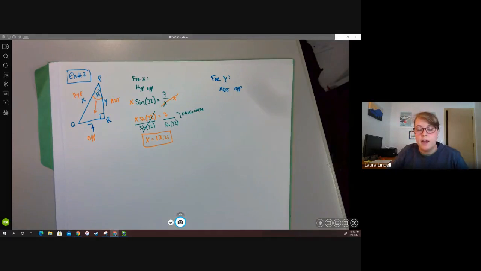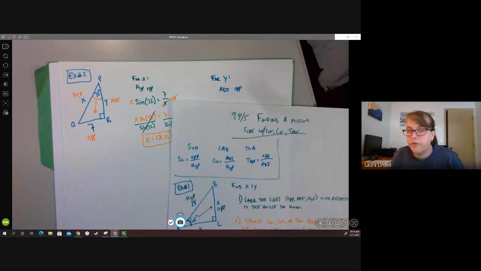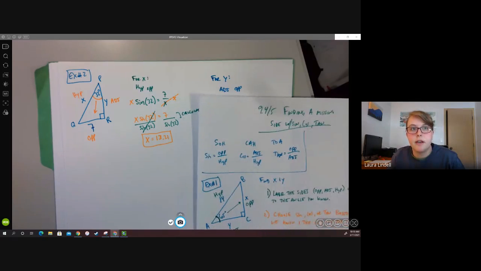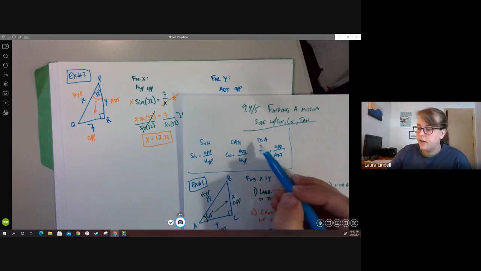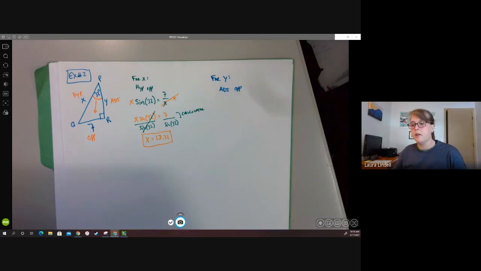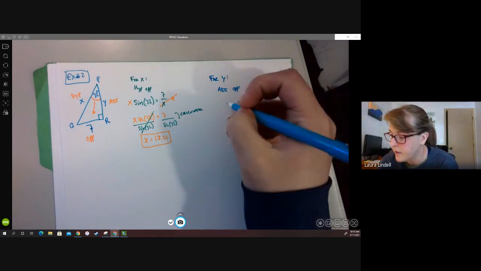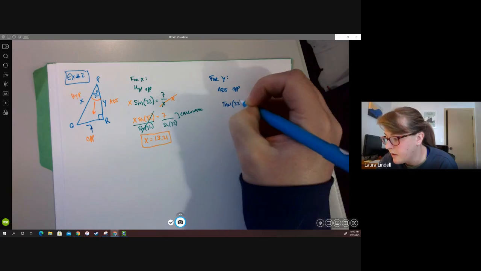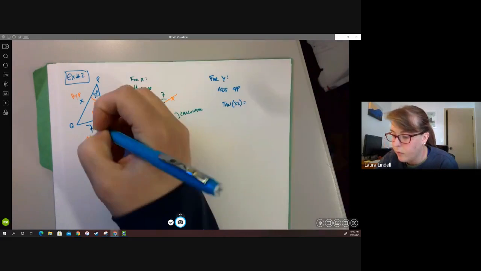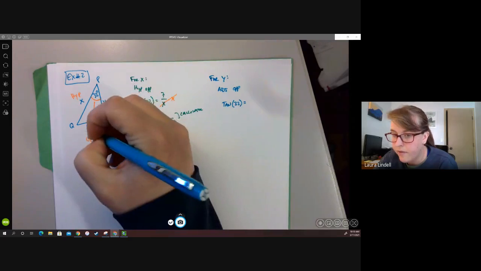So looking at our three trig functions, sine, cosine, and tangent, which one uses adjacent and opposite? Tangent, exactly. TOA, tangent is opposite over adjacent. So we're going to use tangent. And specifically, tangent of 32 equals opposite over adjacent, so 7 over y.